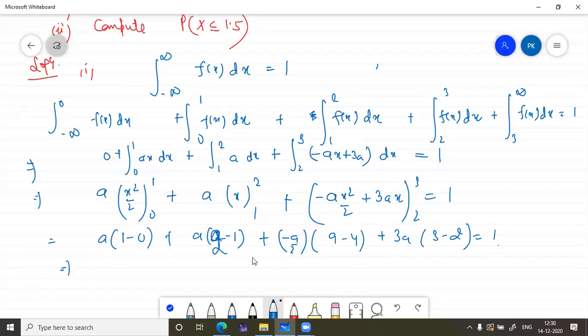After evaluating it, you will get the value of a as 1 by 2.